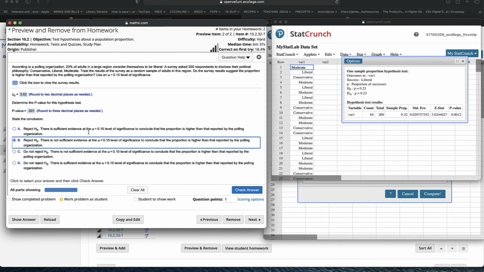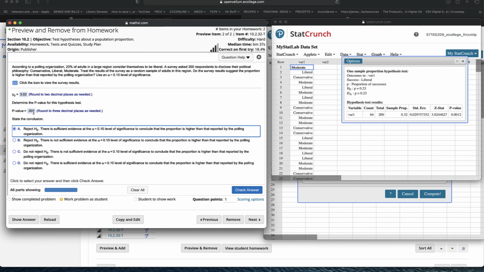So there is sufficient evidence at alpha equals 0.1 level of significance to conclude that the proportion is higher than reported. So we can check A because that is exactly what is happening. But let's double check. There is not, so we reject. There is not sufficient evidence.